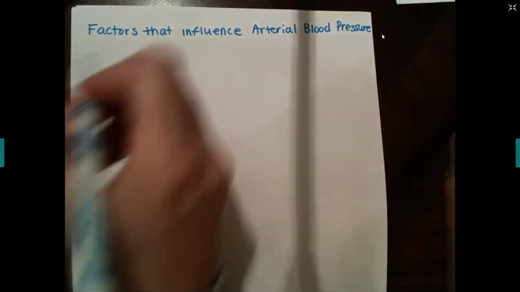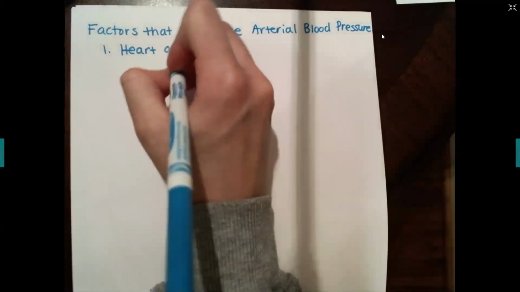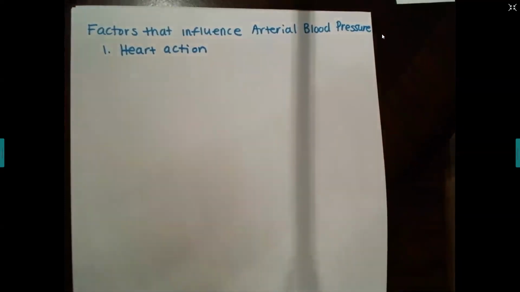Okay, and the first one we'll do is heart action. So the action of the heart. What is the heart telling us, and how might that lead to changes in blood pressure? And this is actually done with a mathematical equation. So even though this is anatomy, we can do a little bit of math, not a lot.